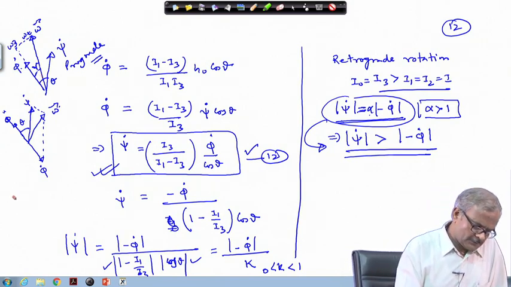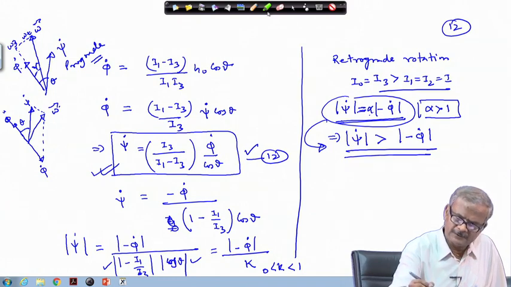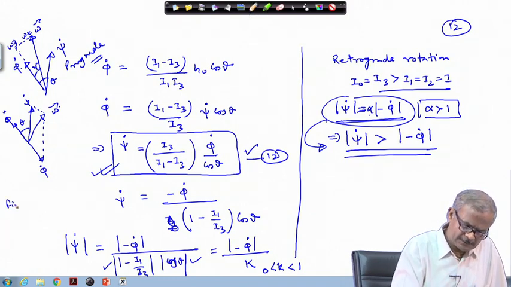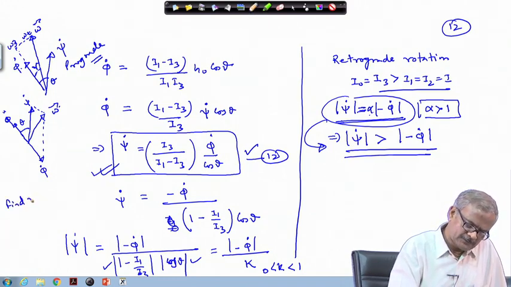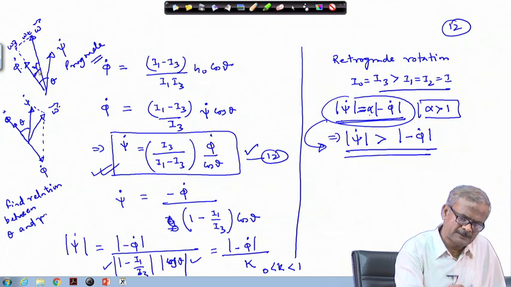Okay, so, you can take it and find out the relationship as homework. Find the relation between theta and gamma, where remember that gamma is the angle between the omega 3 and the omega vector, while theta is the angle between the psi dot and the phi dot vector.